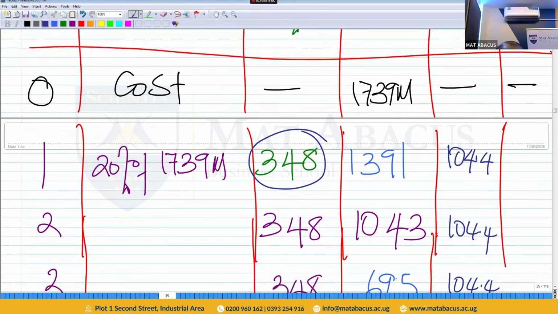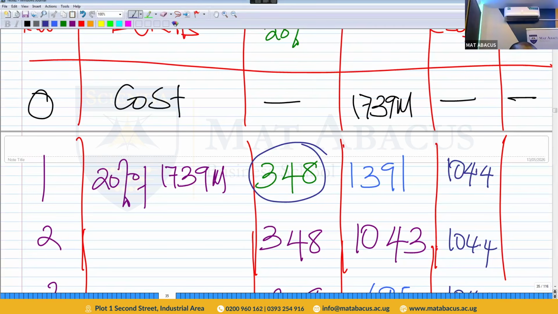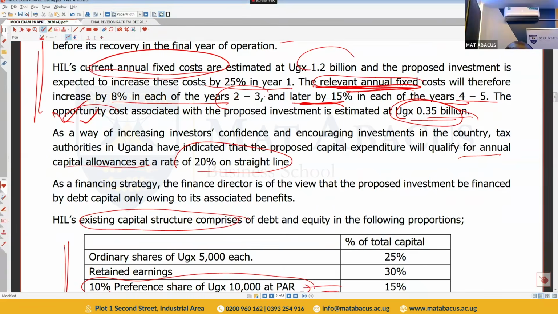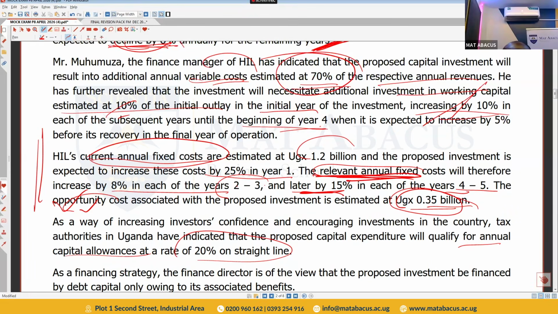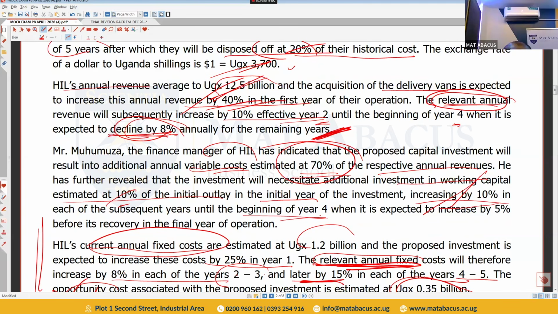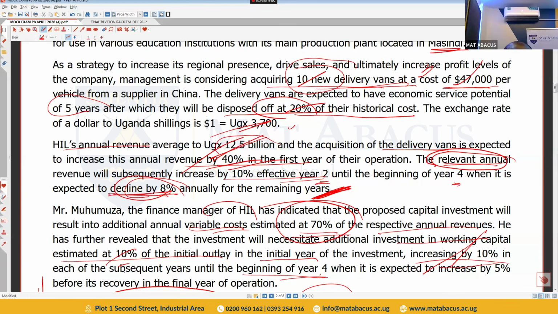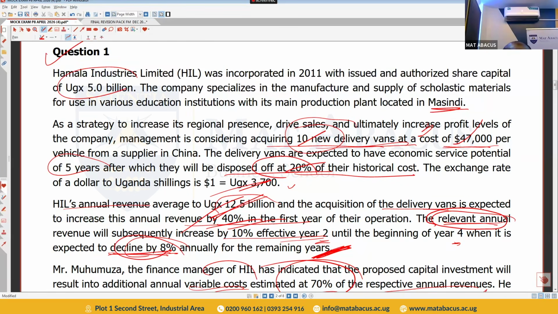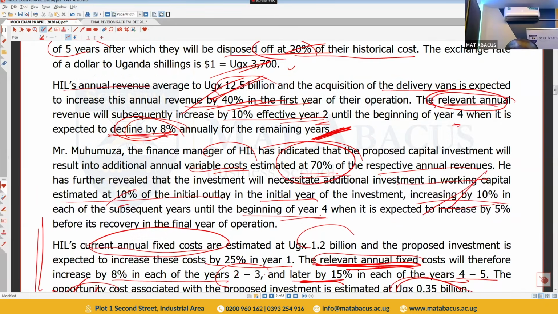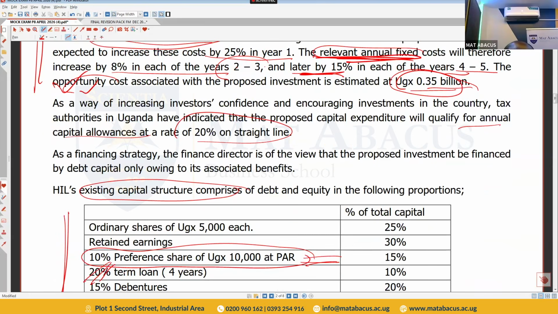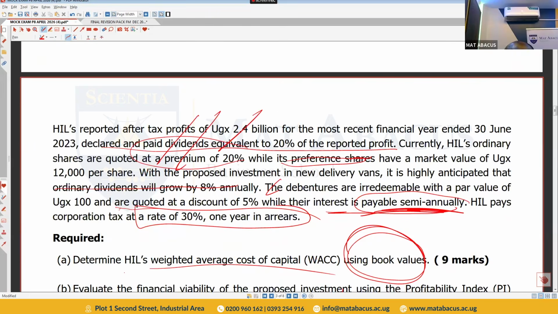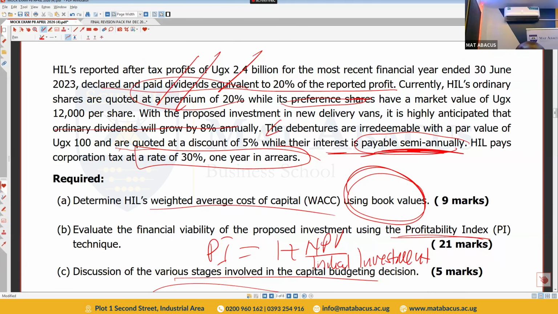But because we have rounding differences, how are we paying taxes? I do not know where the tax rate is, but if we carefully look at it, there was a tax rate somewhere. Either it was down here, and the tax rate is 30% payable in arrears.